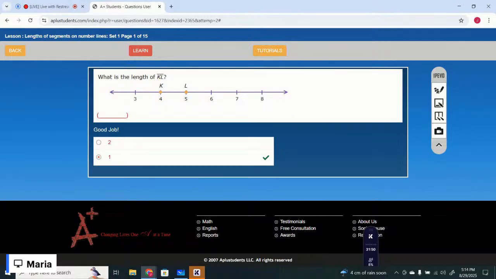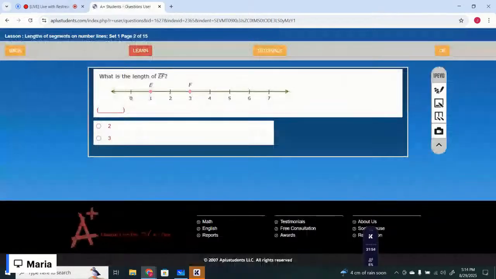Option number 2 is the correct option. 5 minus 4 is 1. What is the length of EF? 3 minus 1 is 2.